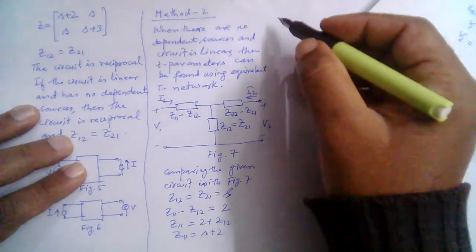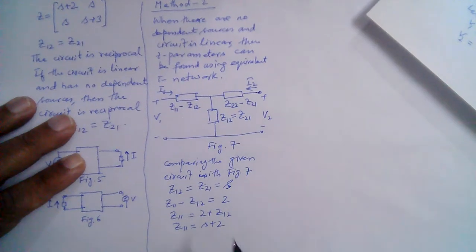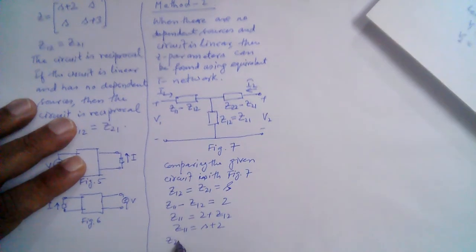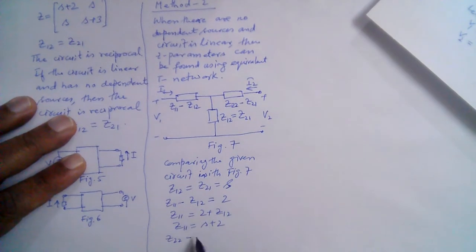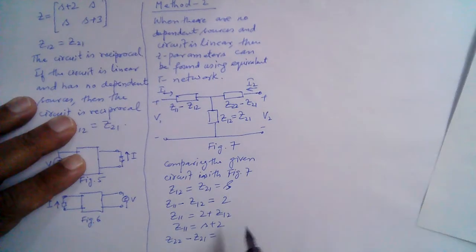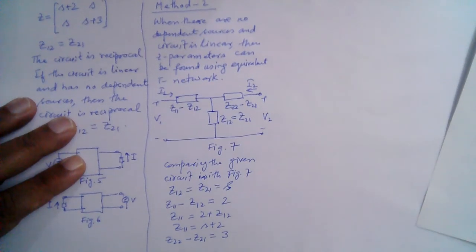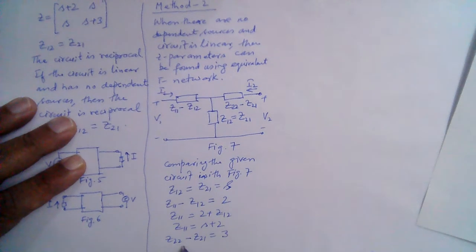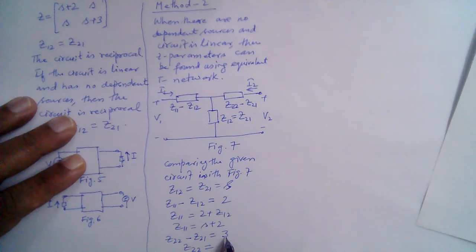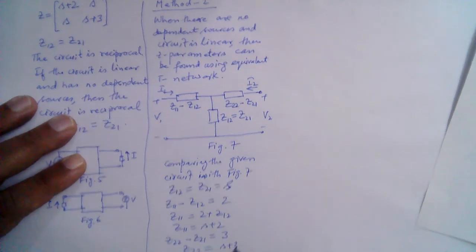Similarly, we can write Z22 minus Z21 is equal to the impedance of this branch, which is given as 3 ohms. So Z22 is equal to Z21 plus 3, and Z21 here is S, so that is S plus 3.